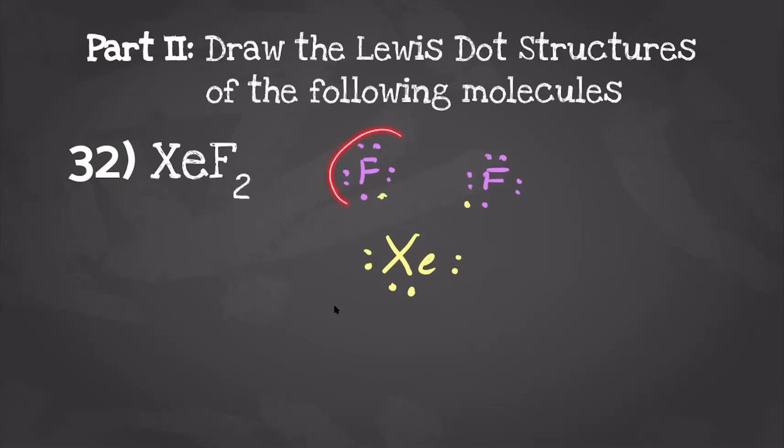Each fluorine is going to have a total of 8. And xenon is going to have a total of 10 valence electrons. And again, it can do this because it's in the 3rd period, and it can just move those extra electrons into the d orbital. Now, these aren't the shapes that it would take, but we'll learn about that once we start talking about VSEPR models and how it would look.